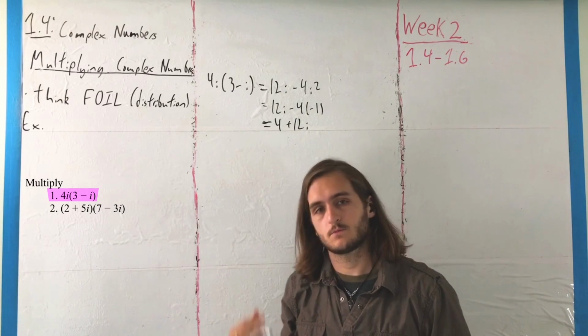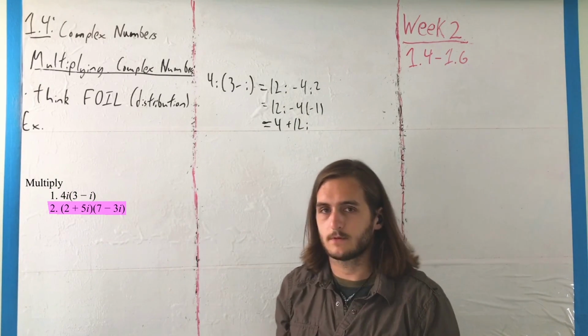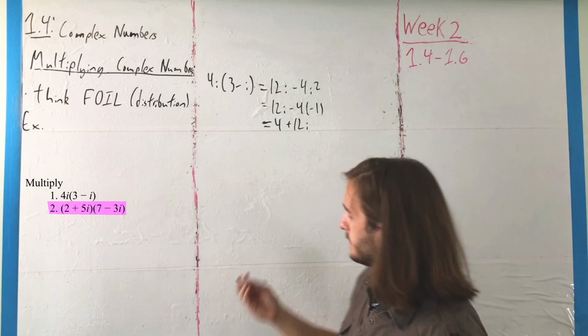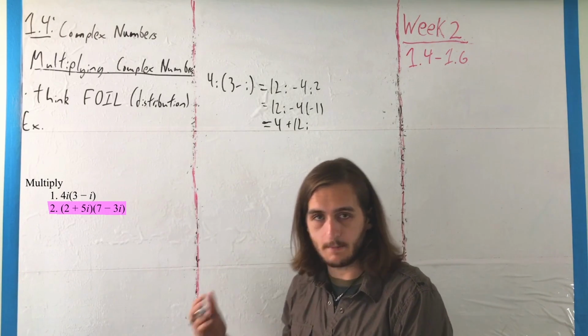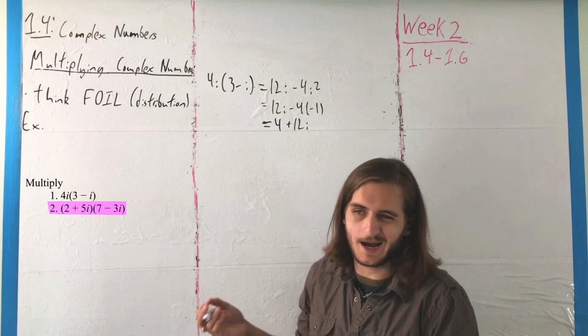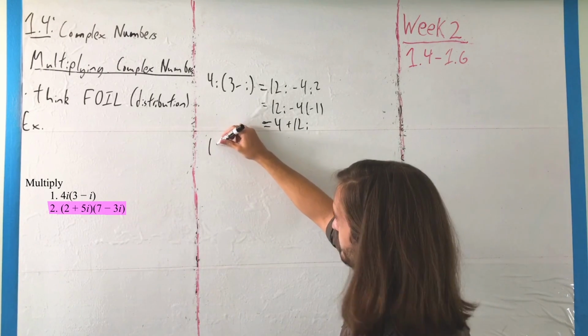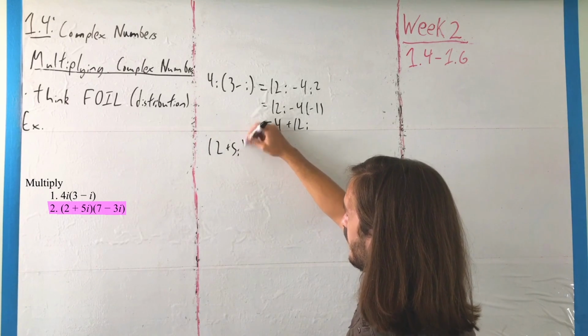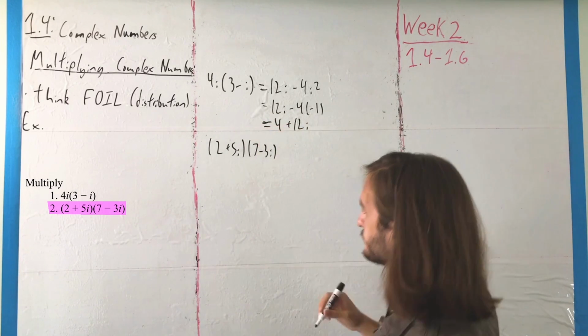Now, in the second case, we also have a bit more to get there, because now we have to actually FOIL. But that's not so bad. It's still the same sort of problem you did way back when we first learned this. It's just you've got i's instead of x's. So we have 2 plus 5i times 7 minus 3i.